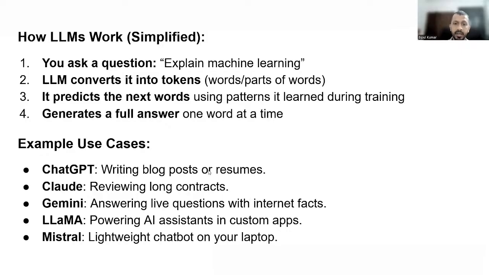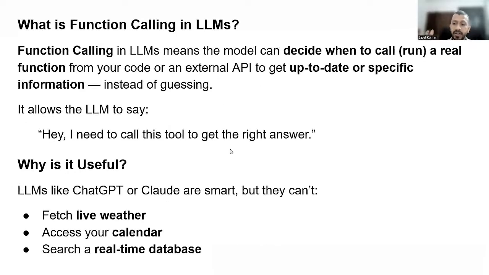Next, we have function calling. This is important. Function calling is calling some other software from the LLM model. For example, if you ask an LLM what the weather is today in Delhi. An LLM is basically trained on historical data, some past data.